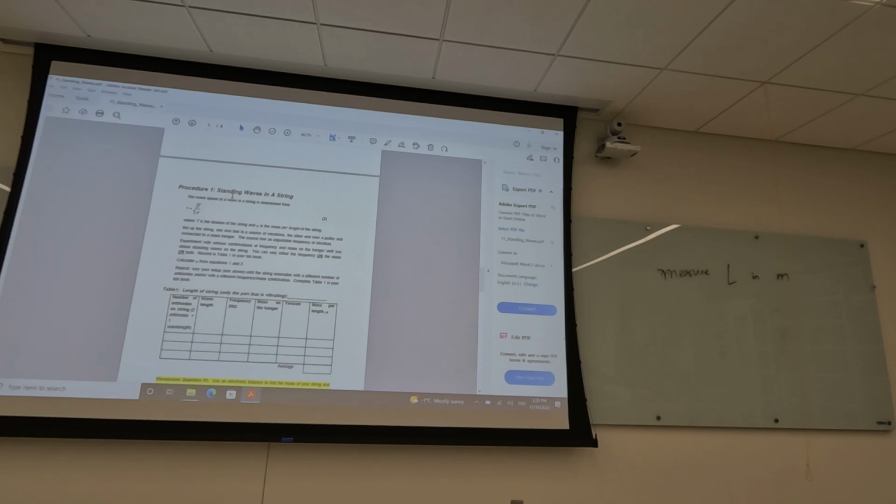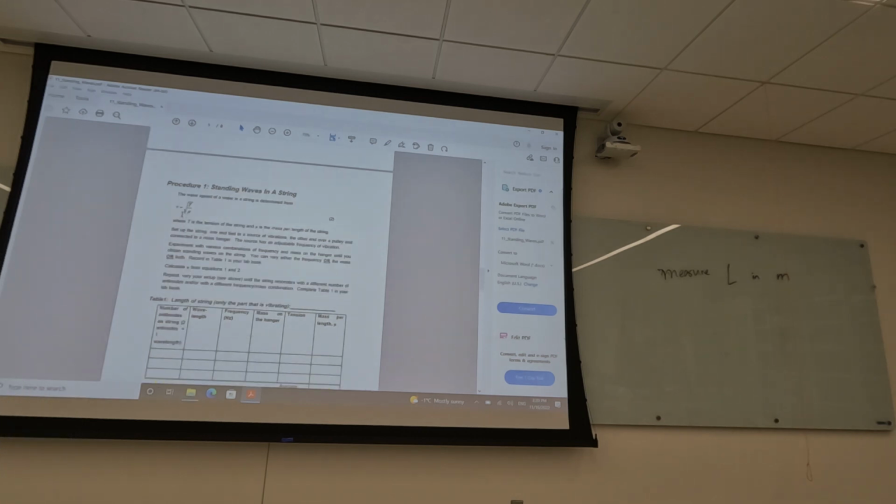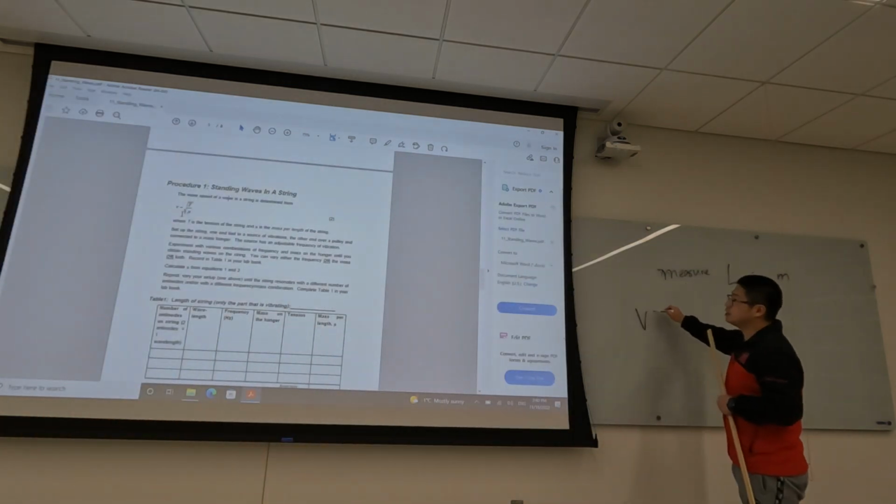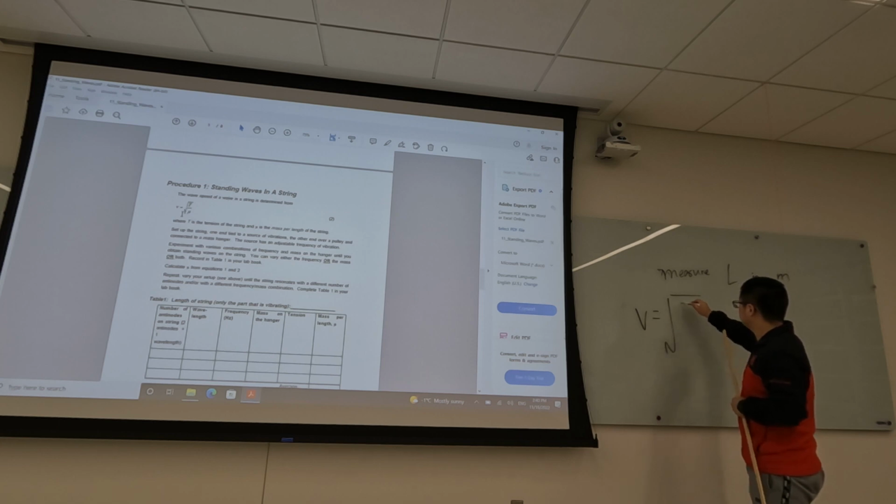Next, this equation is given. The wave speed of a wave in a string is determined by this equation. Because this wave is not propagated in air, it is not 340, right? This wave is propagated along the string. So we have this equation to determine the velocity: v equals the square root of T over mu.